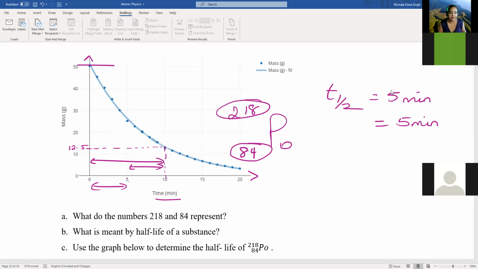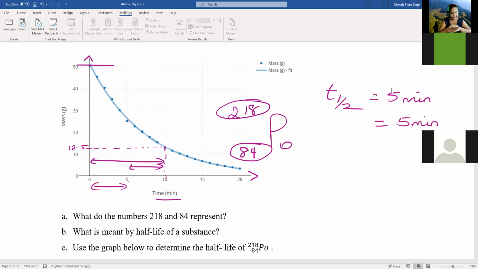And 12.5 is not half of 50, it's a quarter of 50. Everybody okay with that? You can give a thumbs up. Yes, miss. All right, good. Be very careful.